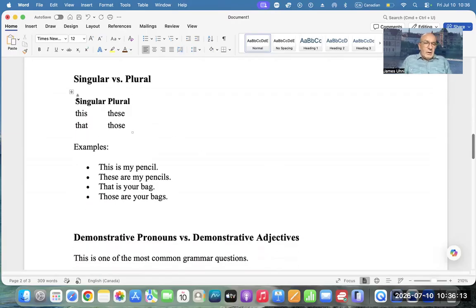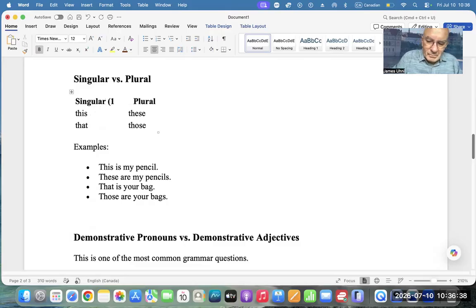So I will just place, okay, singular, I will put in parentheses one, and in plural, I will put... Uh-oh. I don't like that.